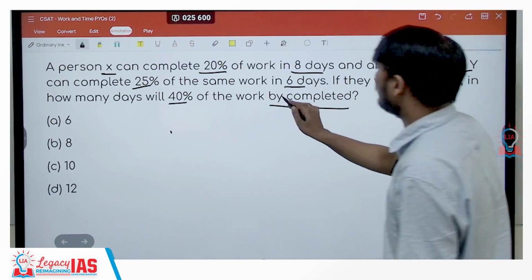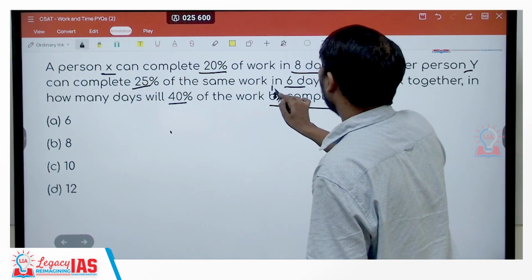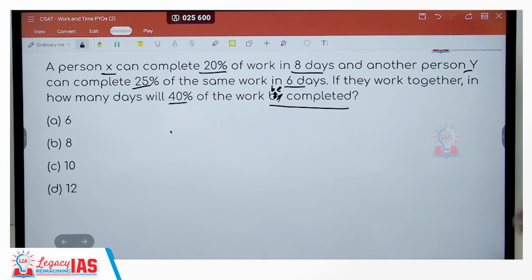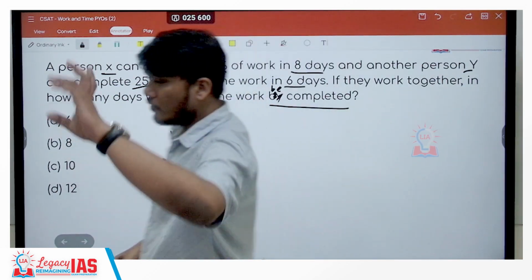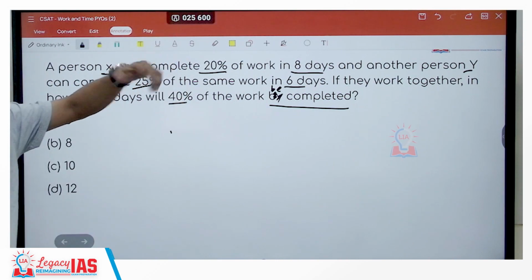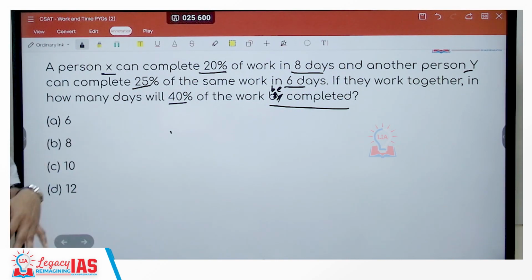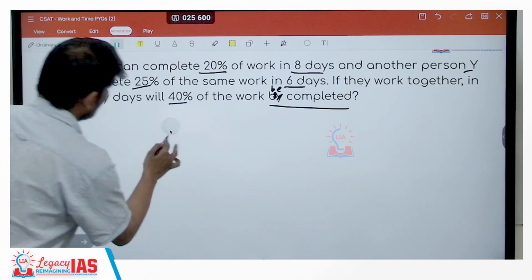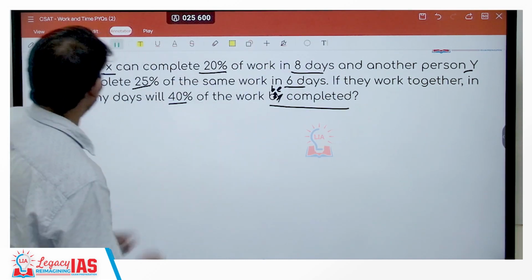Clear? So that's what they're saying. You look at the logic: we initially used A and B doing work, and when they together do work, we add the productivity, right? So same is here. It's just that they have given the productivity in different formats.